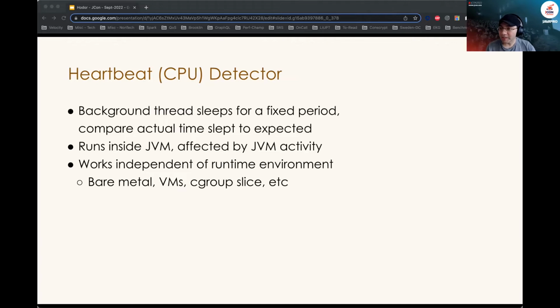To provide a concrete example, we may have the heartbeat thread sleep for 10 milliseconds each time. And let's say in a window of 1 second, if the 99th percentile is, let's say, over 30 milliseconds, then we say that this window is in violation. If, let's say, 10 consecutive windows are in violation, the service is considered overloaded.